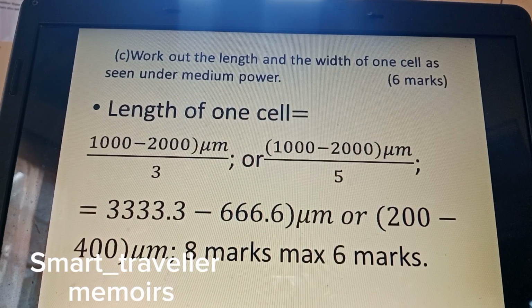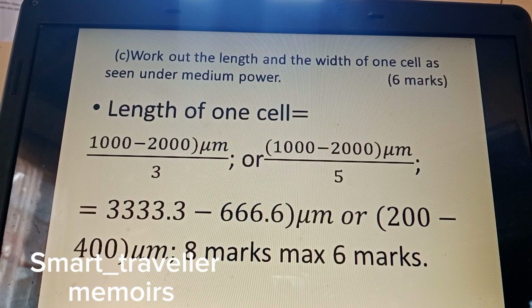Work out the length and width of one cell as seen under medium power. The length of one cell would be, you divide now the micrometers you have got by 3, if you got 3 cells, or 5, if you got 5 cells, and the answer was 333.3 micrometers to 666.6 micrometers, depending on what you get, or 200 to 400 micrometers.